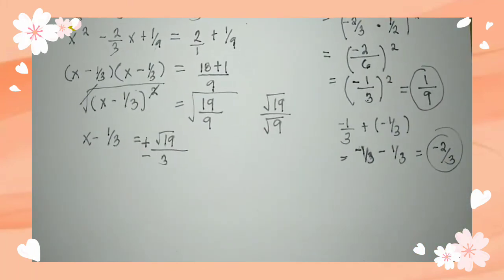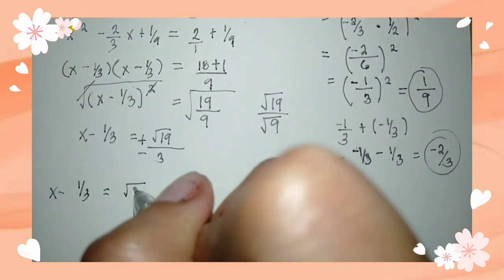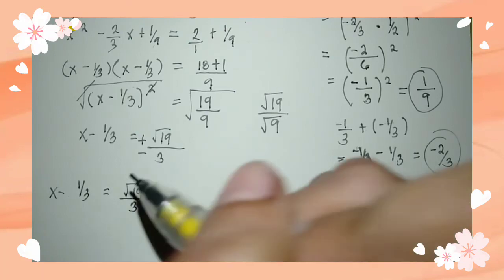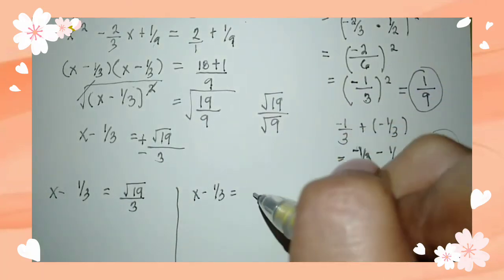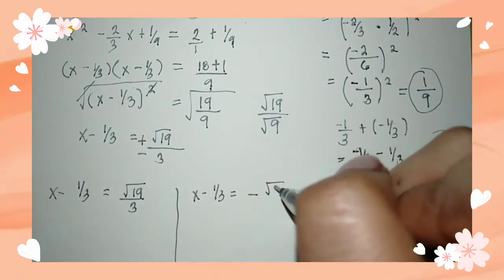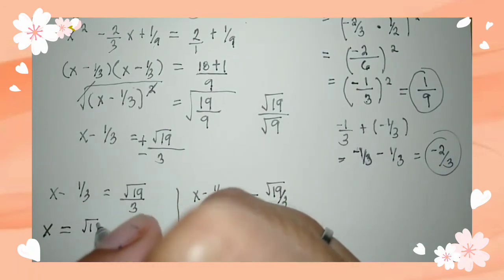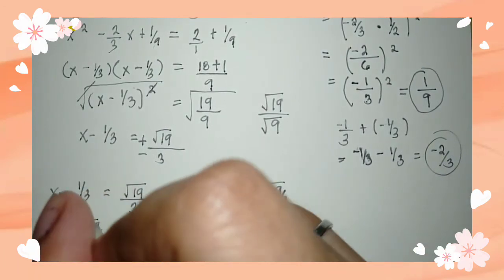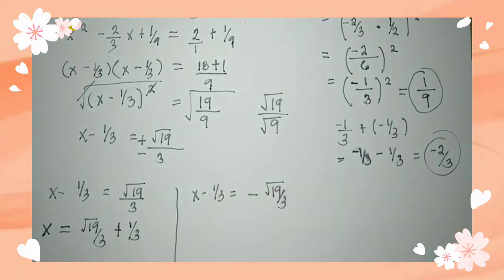So we have x minus 1/3 is equal to positive square root of 19 over 3. And we have x minus 1/3 and negative, since positive and negative, square root of 19 over 3. So we have square root of 19 over 3, copy lang. Si negative 1/3 magiging positive 1/3.